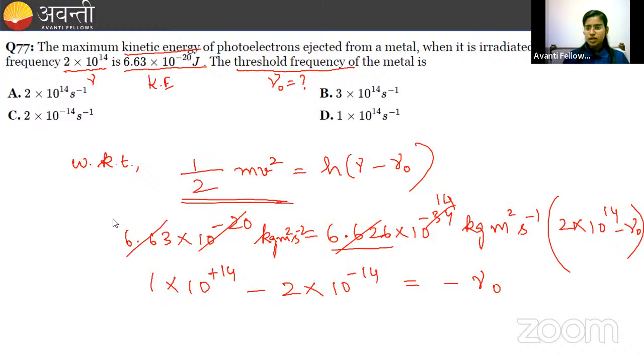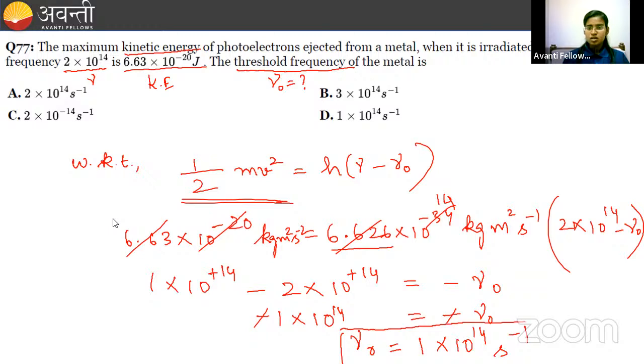So 1 minus 2 is minus 1 × 10^14, which is equal to minus ν₀. Minus minus gets cancelled. So ν₀ is equal to 1 × 10^14 per second. So the threshold frequency is 1 × 10^14 per second.